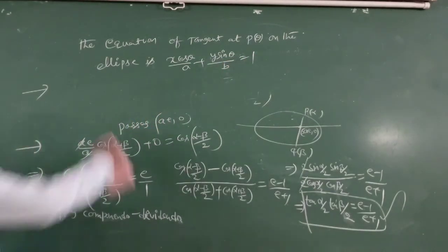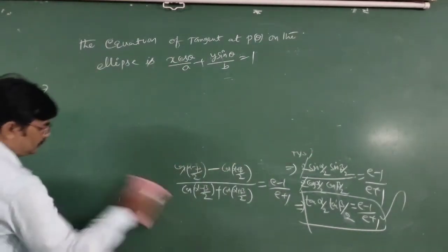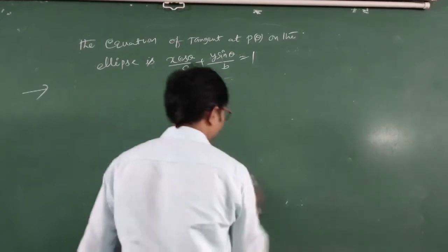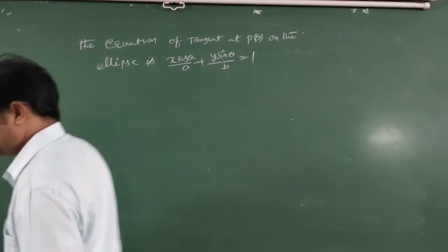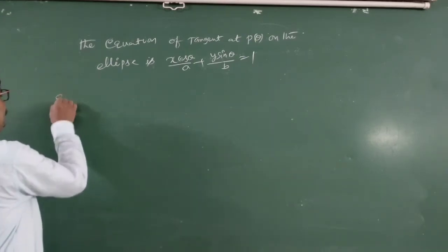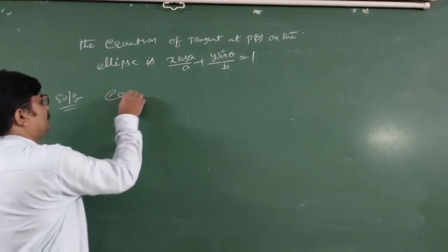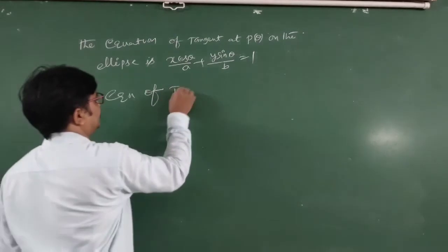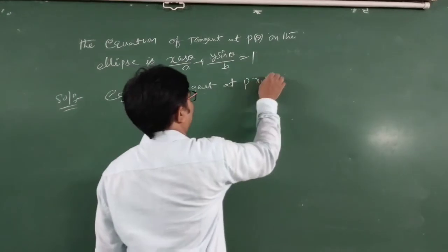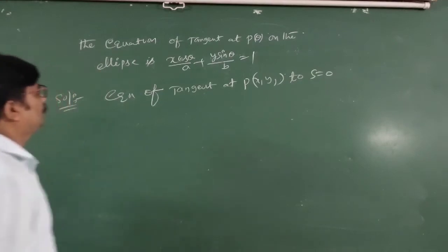Dear students, how to write this? First you can write the equation of the tangent at P(x1, y1) to the ellipse S equal to 0.